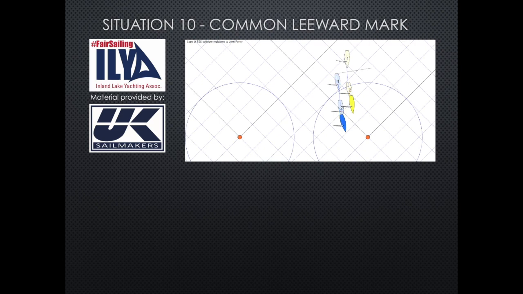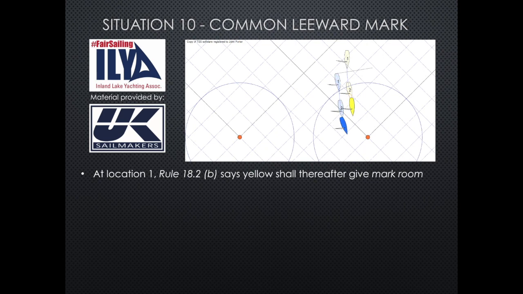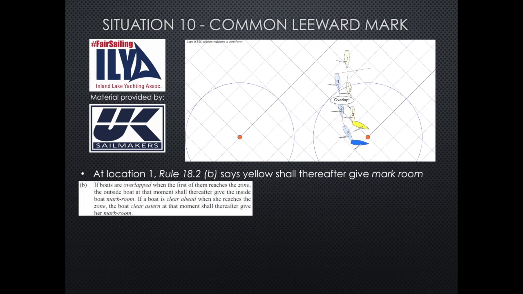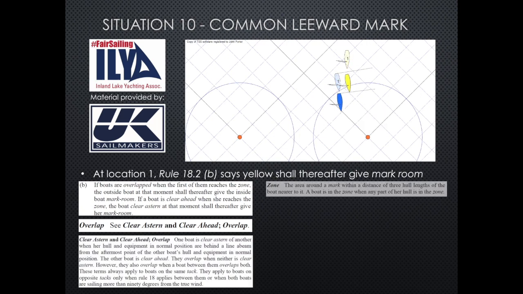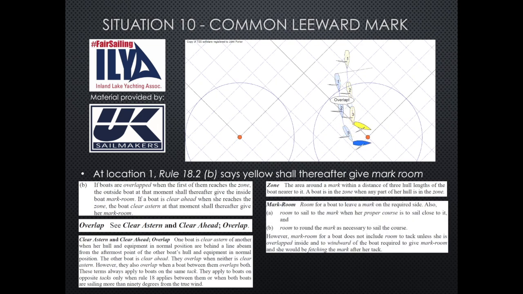So here's a little different situation. It's going to get a little messier here. They're not overlapped when blue hits the zone, but then yellow closes in. Remember the snapshot, right? So when they enter the zone, see the line off blue? They're not overlapped, but then yellow comes in there anyways. And blue says, no, you don't have room, and forces yellow to bail out. West Sea Sailors, this is the point where Craig has already been yelling no room since the 6th mark.